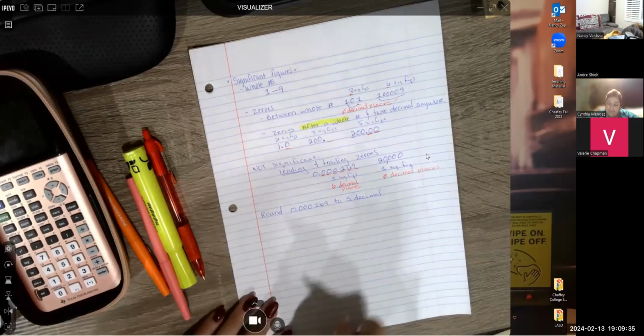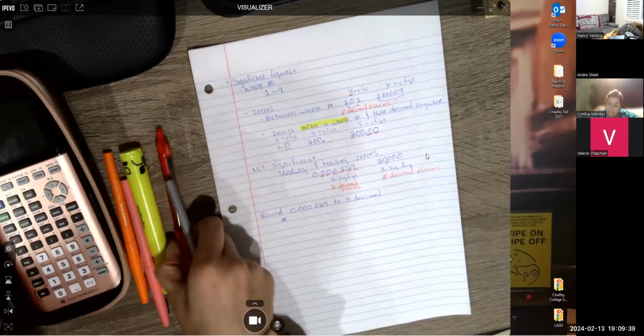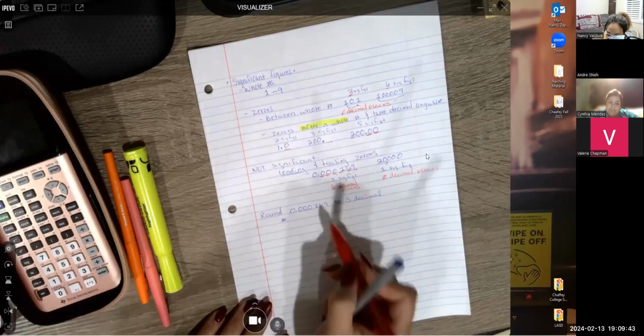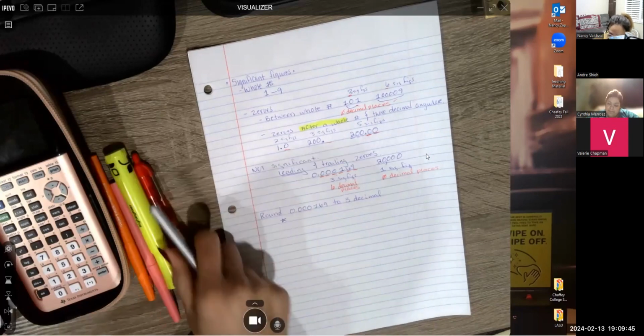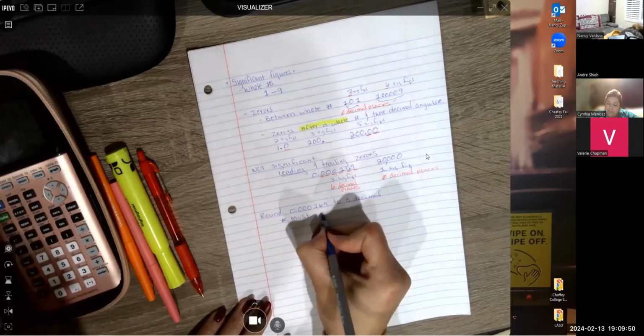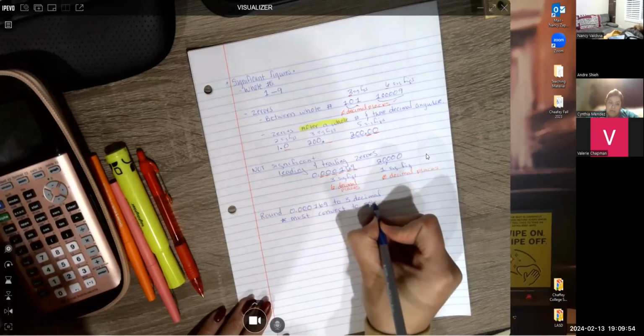This is a good one because you see how you can't round anything there. One doesn't start until the 4th place. So in order to do this, you must convert to scientific notation.